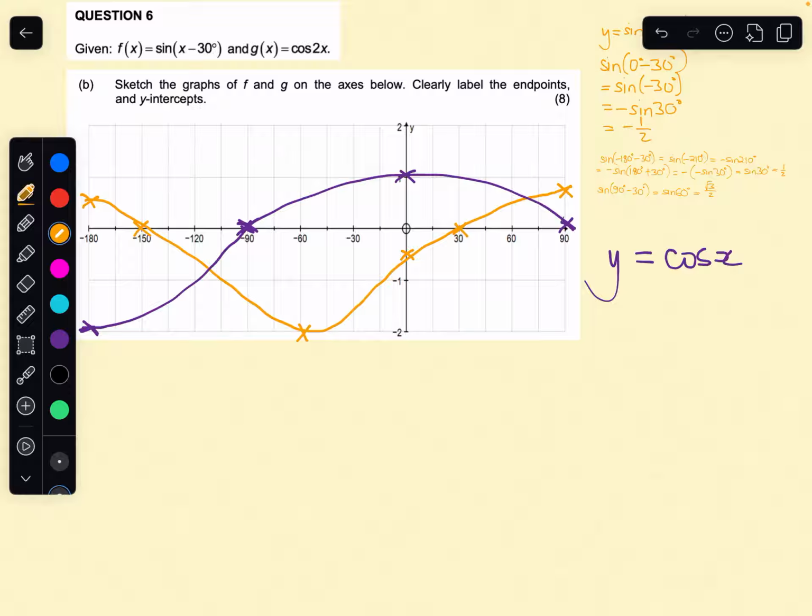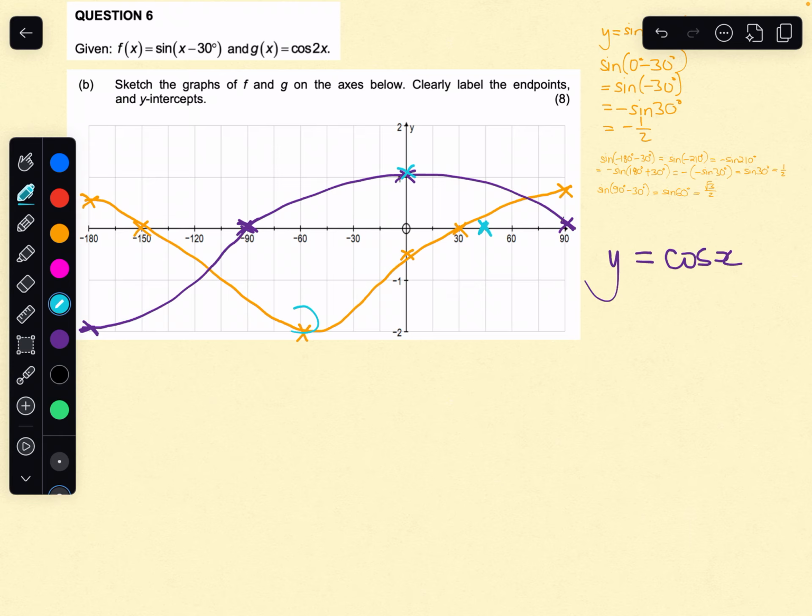Right, so then I must do this another color. So y is equal to cos 2x means that for every point I'm going to divide the x by 2. So this one will remain as is, and then this one over here is going to shrink back to 45, right? 45 and 0.